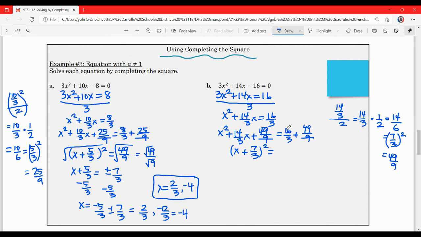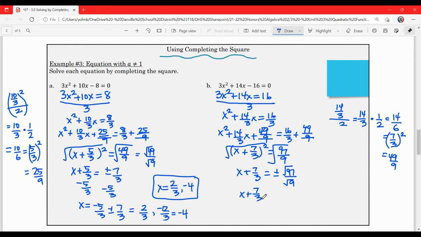We're going to multiply by 3 to get 9, so that's 48, and 49 is 97 ninths. Then to get to the x, we're going to square root both sides. So x plus 7/3 equals plus or minus, and I'm going to split this apart, square root 97 over square root 9. I split it apart because you can take the square root of 9.